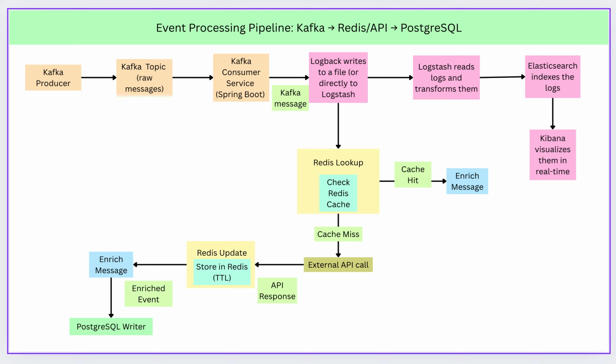Elasticsearch indexes these logs so they can be queried. Kibana lets us visualize them so we can track things like API failures, Redis hit rates, and throughput in real time. Together, this stack gives us great observability.